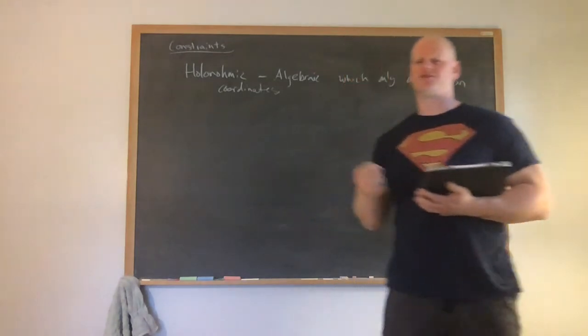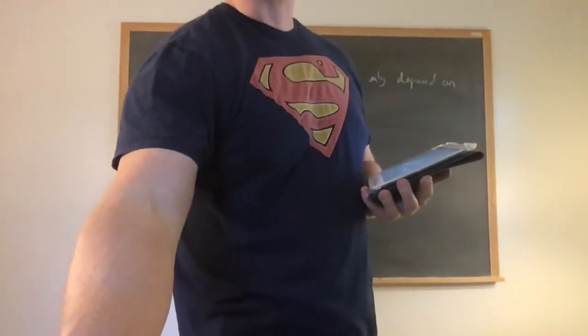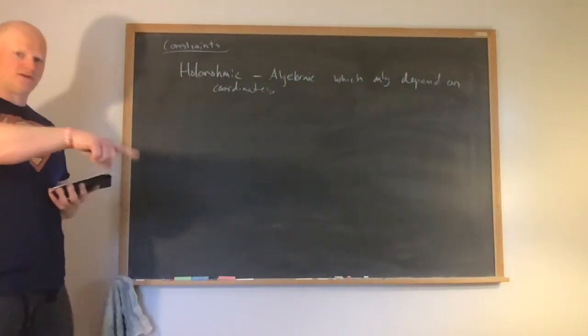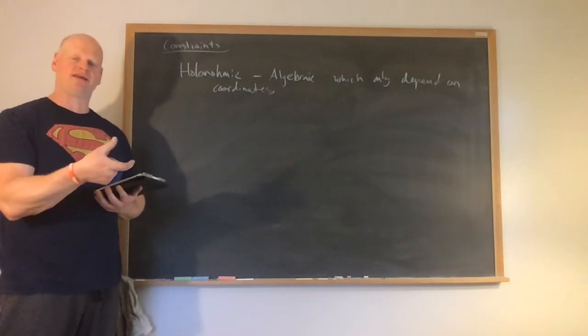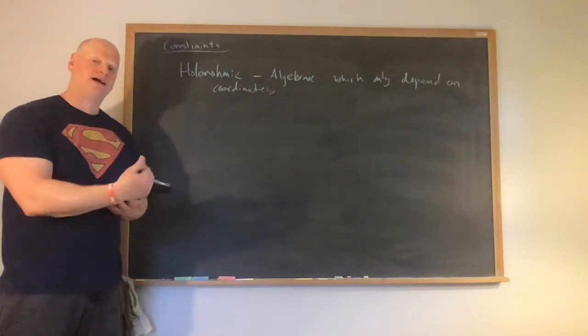If I have these holonomic constraints, ones that only depend on the coordinates, most of the time the way we can handle them is fairly easy: we choose generalized coordinates which take them into account. When we were doing the simple harmonic oscillator, we had a holonomic constraint because it only depended on the position, bounded by the length of the object.